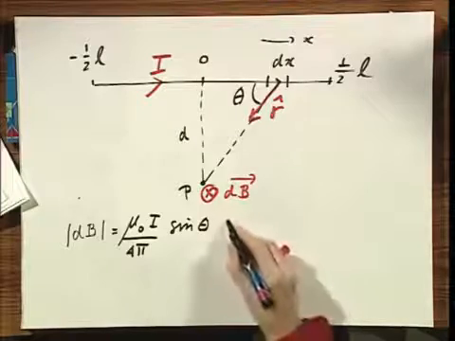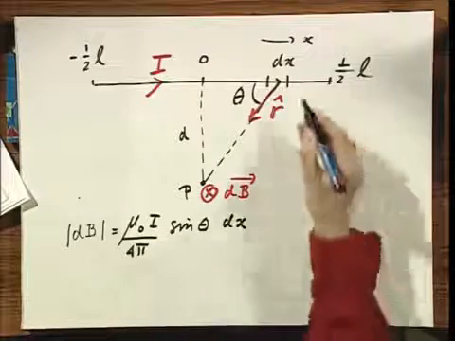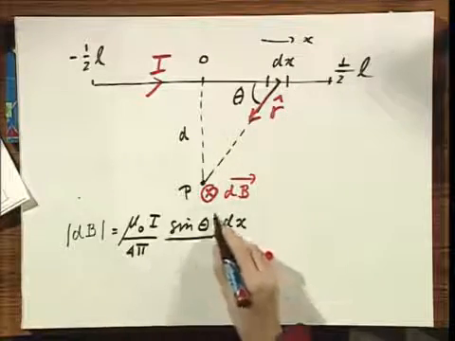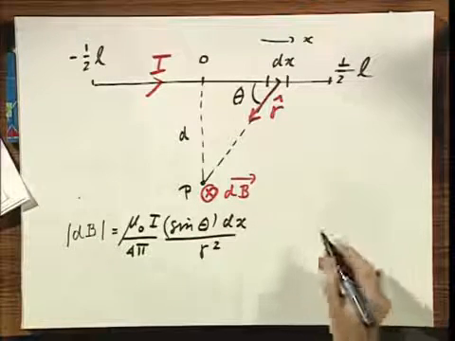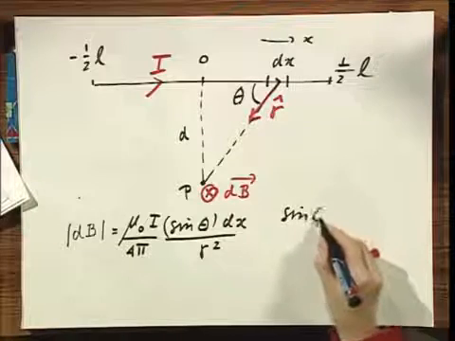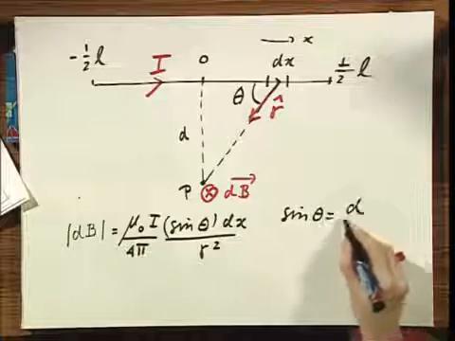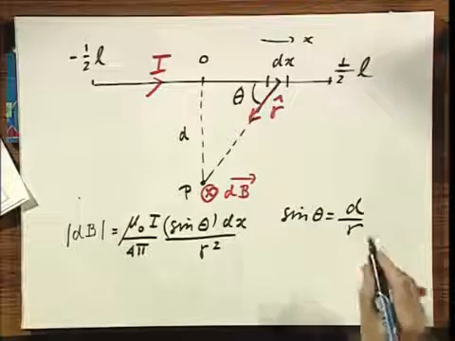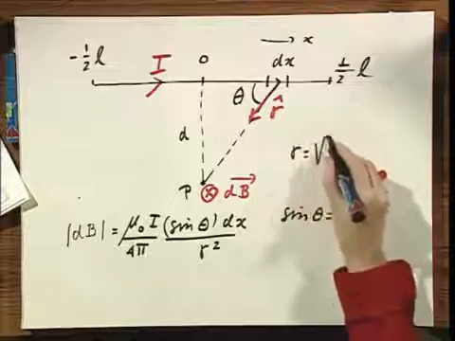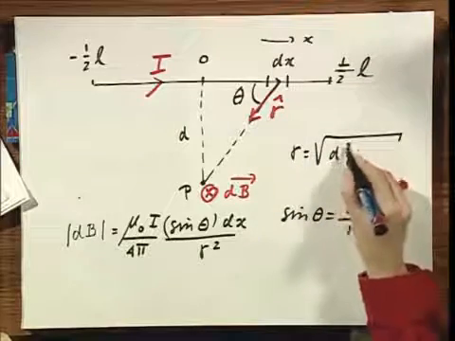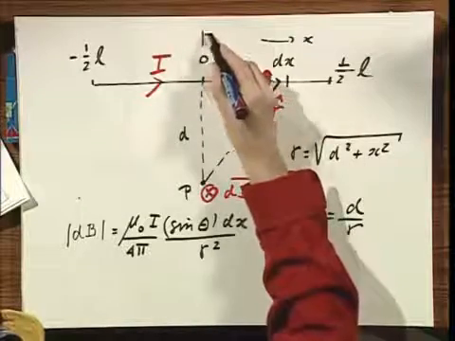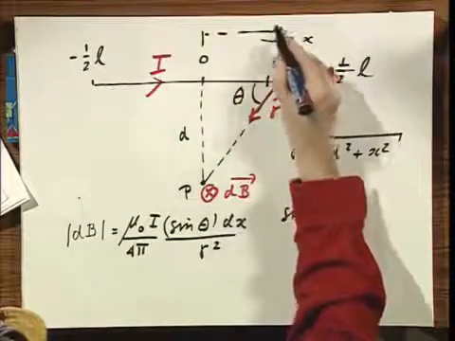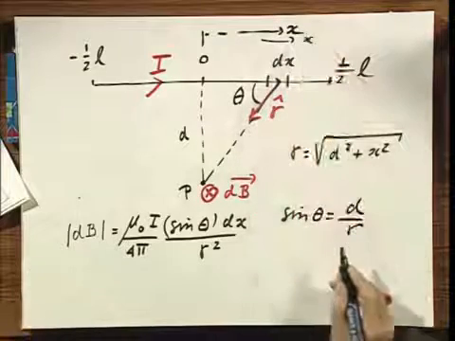And then I get dx, which is my dl, and I divide the whole thing by r squared. Well, I also know that the sine of theta equals d divided by r, and I also know that r equals the square root of d squared plus x squared, if I call the distance from here to my chosen element x.